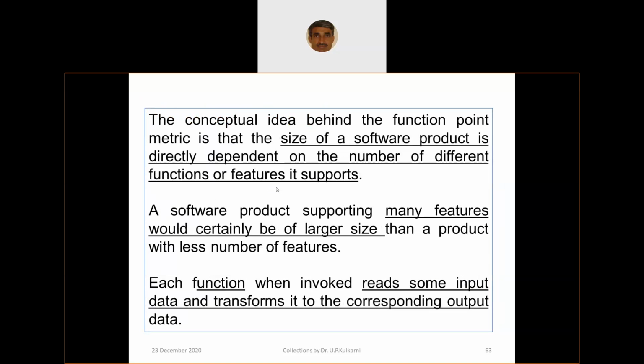Now, the size of a software product here is directly dependent on the number of different functions or features it supports. For example, consider I want to take a backup of one table. Backup and recovery, whatever the database tables, I want to take a backup. This feature is required.